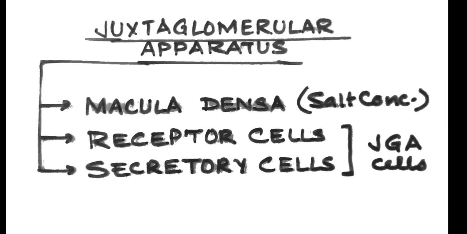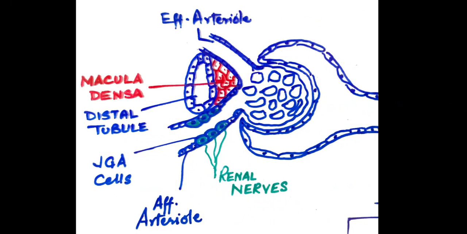The juxtaglomerular apparatus has three things. Number one, the macula densa, an extratubular tissue which is very close to the glomerulus, shown here in red. It is in intimate contact with the glomerulus and the distal convoluted tubule.